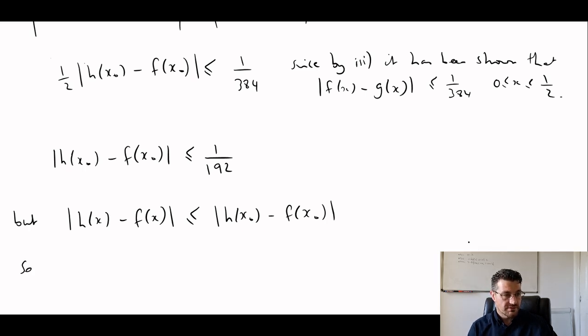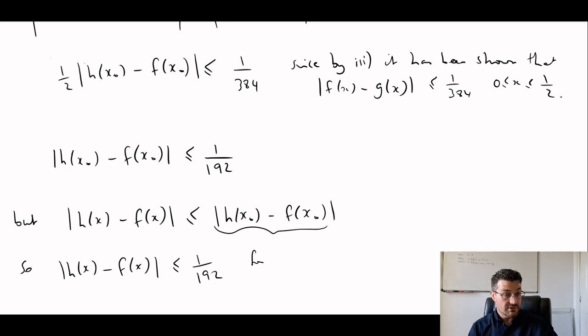So the modulus of h of x minus f of x, and also h of x minus f of x is going to be positive, is going to be greater than or equal to 0 as well. Okay, we need to take that into consideration. Is less than or equal to 1 over 192, since we know that this is less than or equal to 1 over 192.